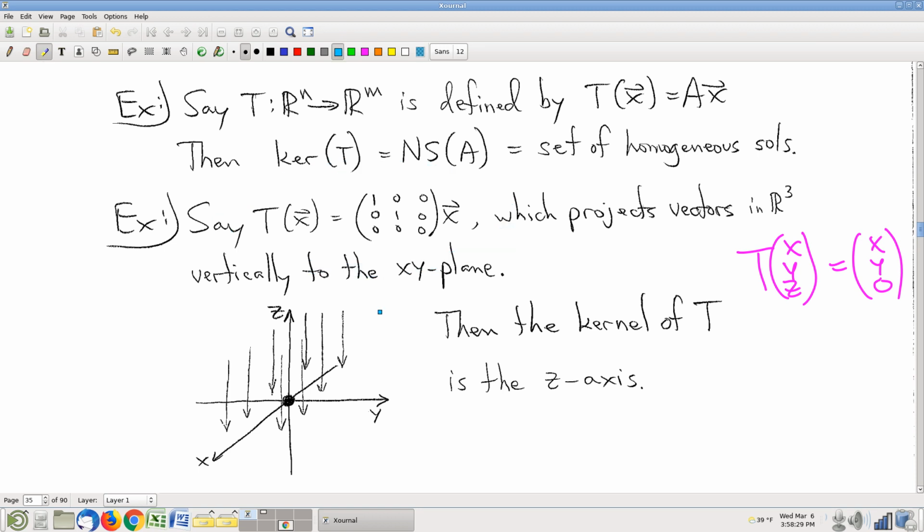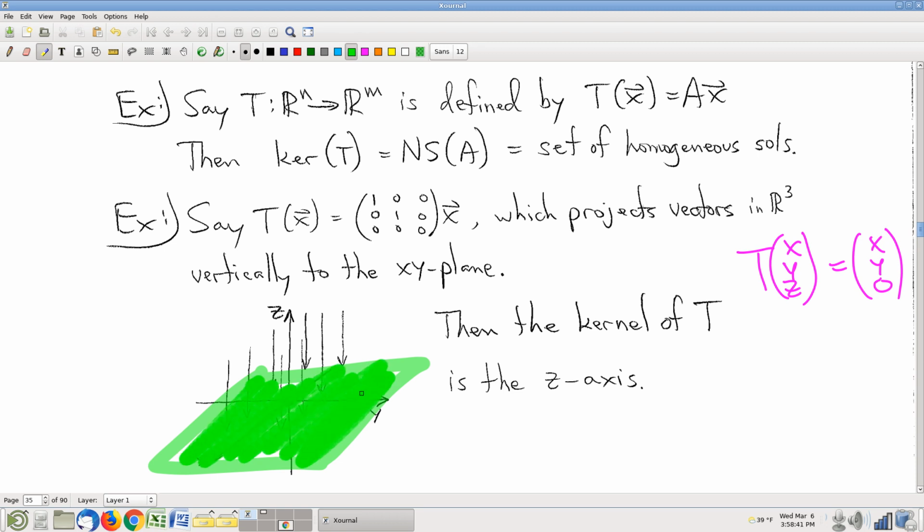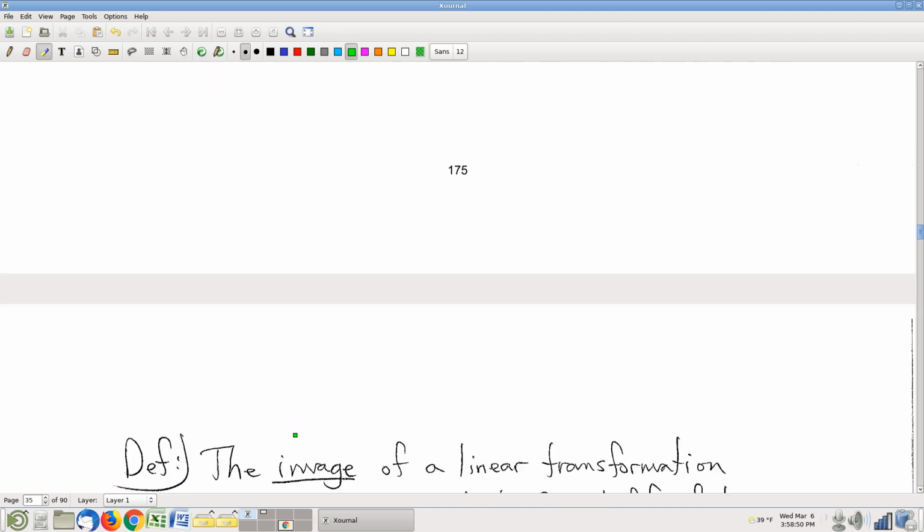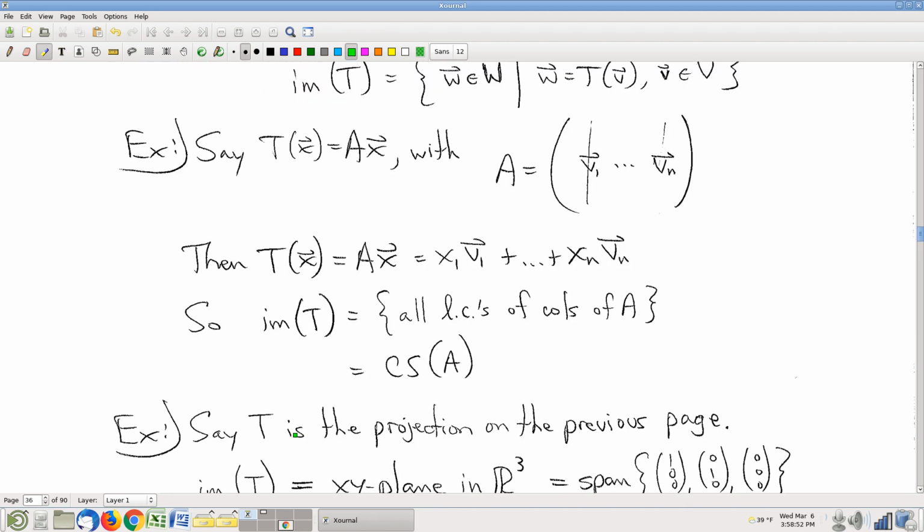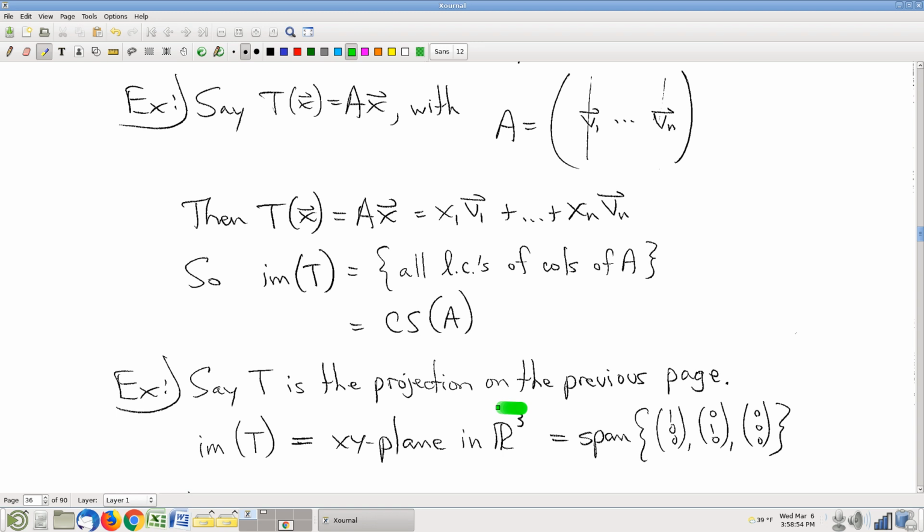What is the image of this function? Well, everything that goes into this function comes out in the xy plane. I claim the image is the xy plane. Here's the xy plane. XY plane is the image.